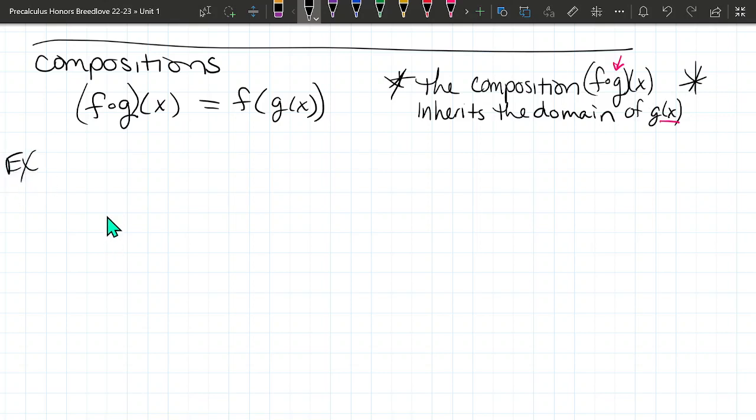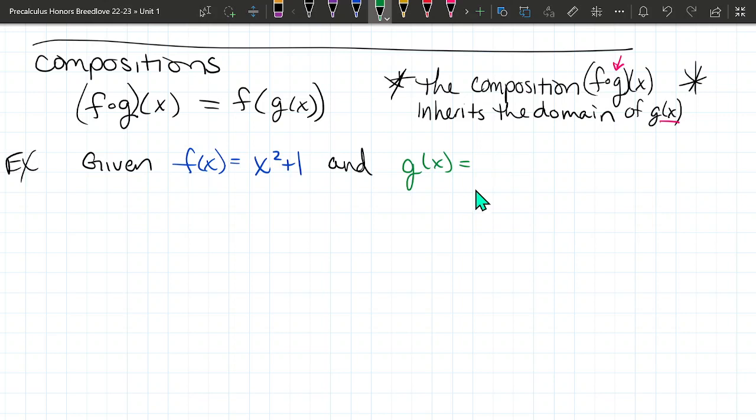So we're just going to do some examples of compositions. If you're given that f of x is x squared plus 1, and g of x is x minus 4, find the compositions and give their domains.